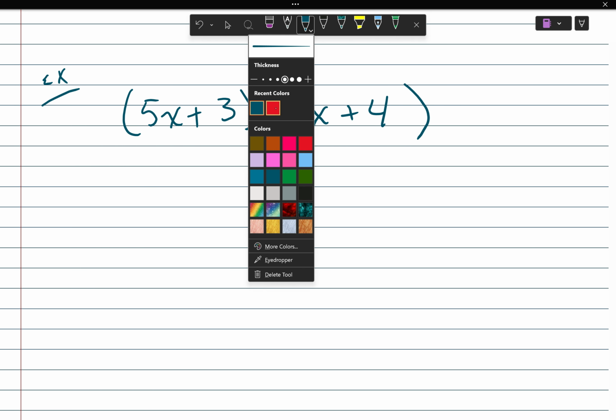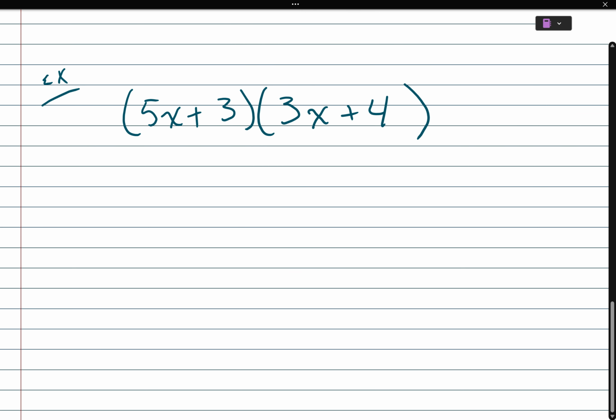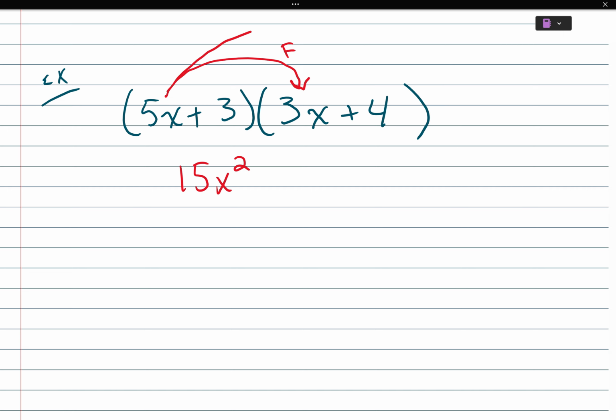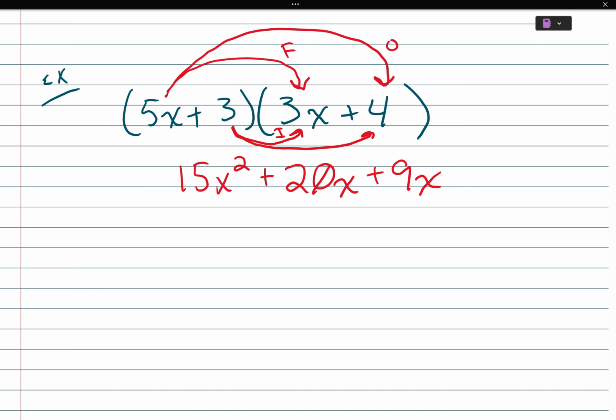Okay, so you're back after finishing the multiplication, the FOIL method. So you should have said to yourself, 5x times 3x, doing the first, is 15x squared. And then the outer, 5x times 4 is positive 20x. The inner is 3 times 3x is 9x. And then the last should have gotten you, positive 3 times positive 4 is positive 12.